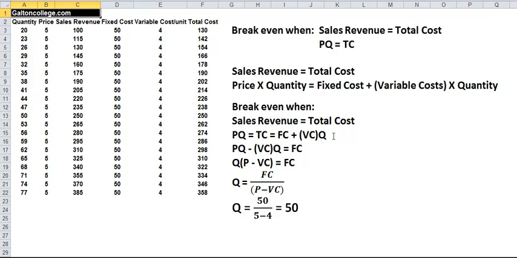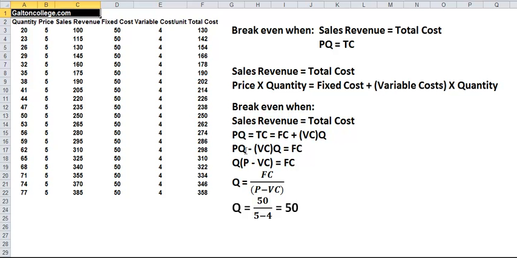If we subtract it, plus and minus will cancel out, leaving us with the price times quantity minus the variable cost per unit times the quantity is equal to the fixed cost. That's what's left, the fixed cost.